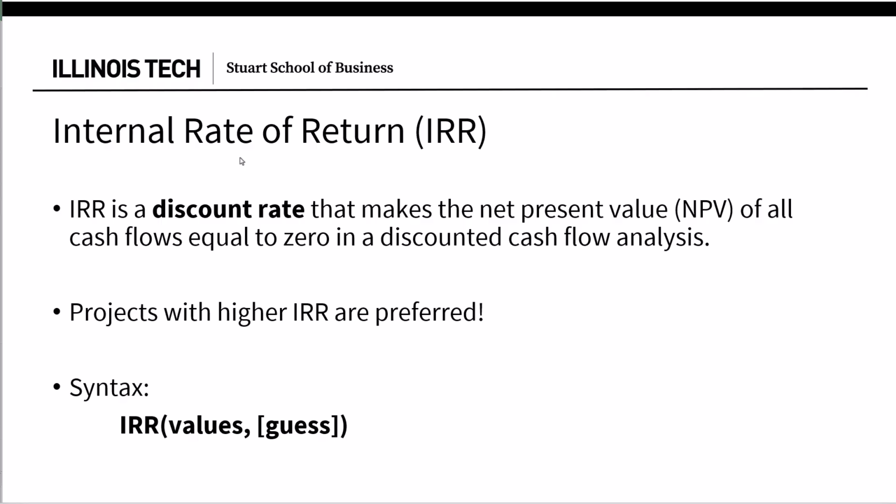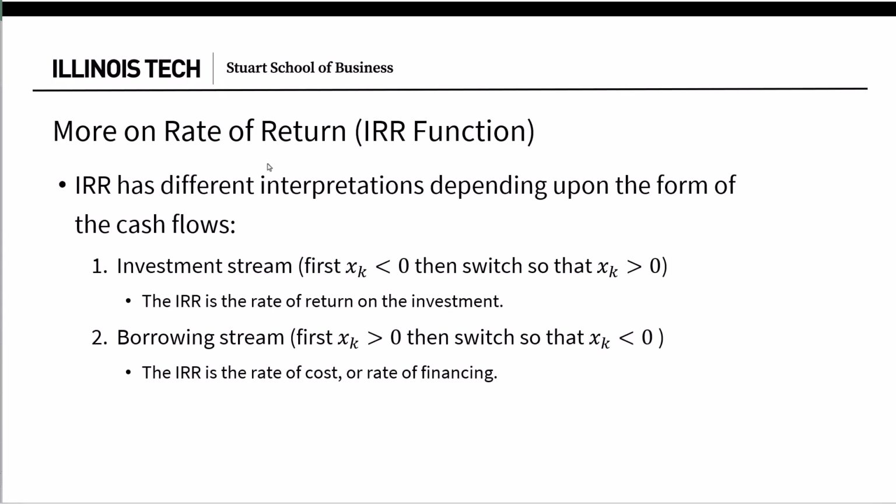In Excel, there's a function, the IRR function, that once you give the cash flow values, returns this discount rate, okay? A few more things on the IRR. The IRR will have different interpretations depending on the form of the cash flows.